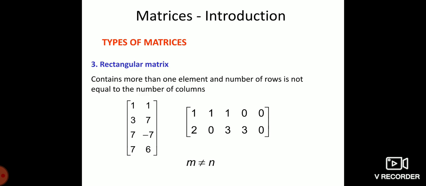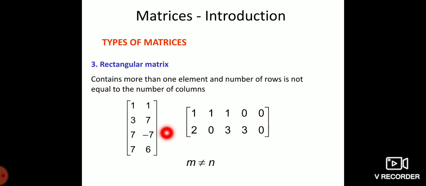Next definition, rectangular matrix. See the definition: contains more than one element and the number of rows is not equal to the number of columns. Dear students, in this matrix how many rows and how many columns? First row, second row, third row and fourth row, and first column, second column.